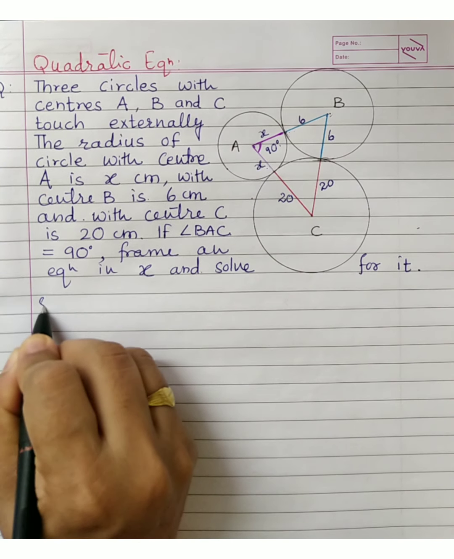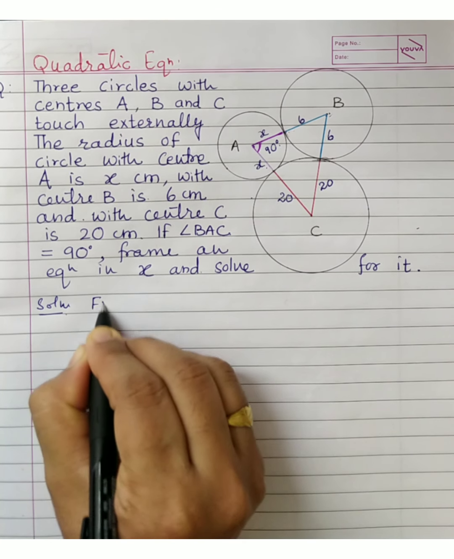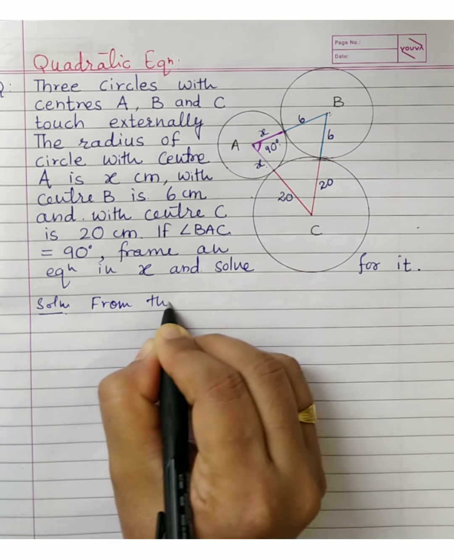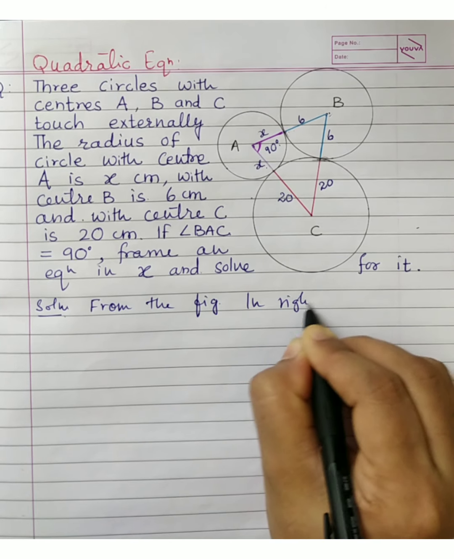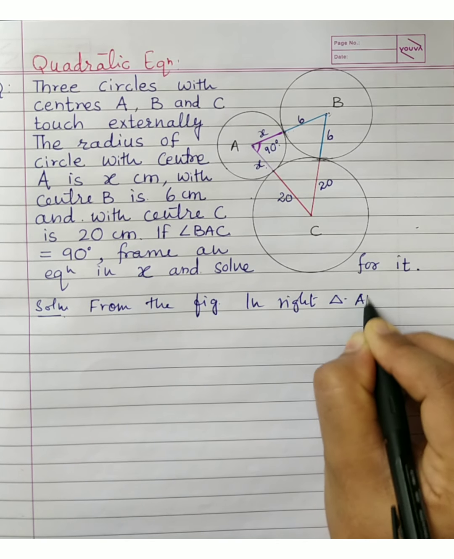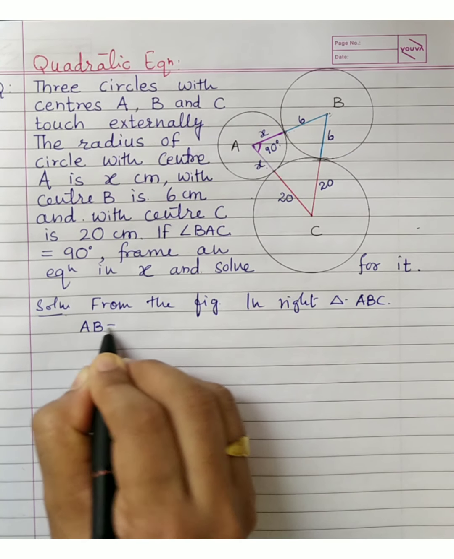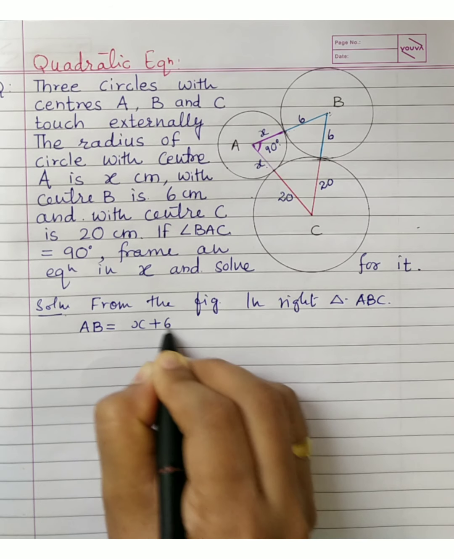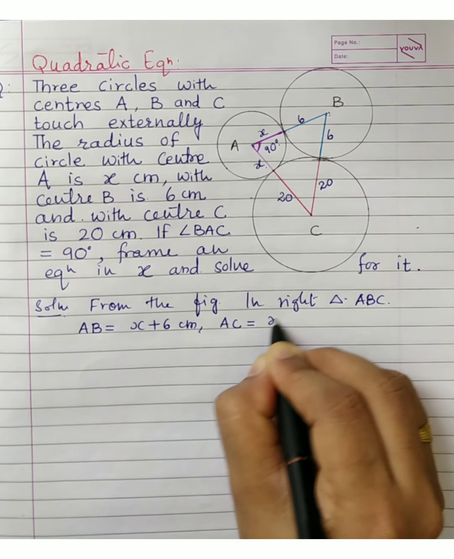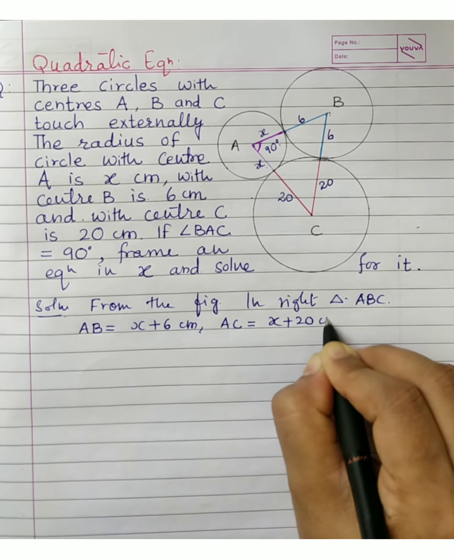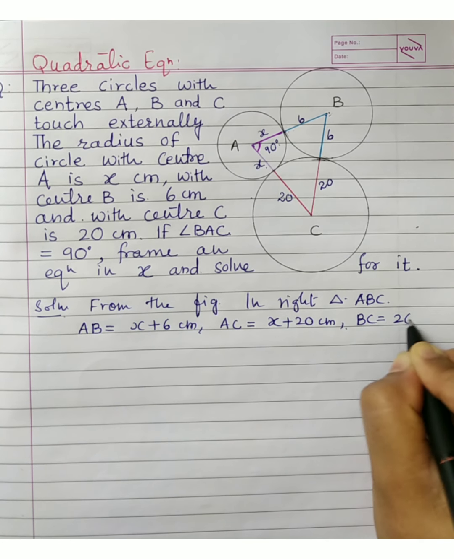Since the assumption is already given, I will directly write from the figure: in right triangle ABC, AB is x plus 6 centimeter, AC is x plus 20 centimeter, and BC is equal to 26 centimeter.